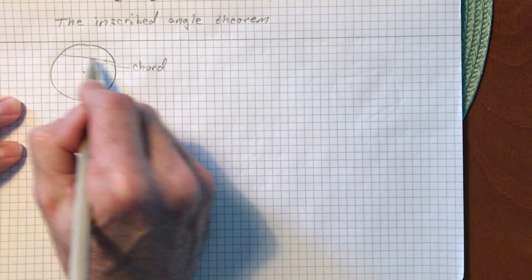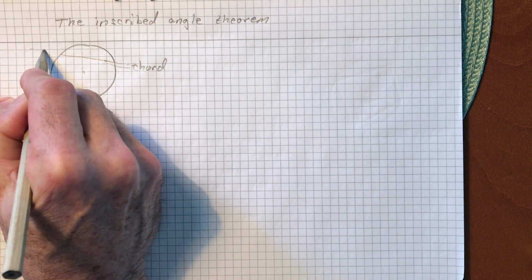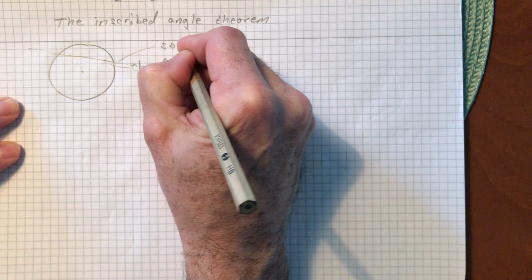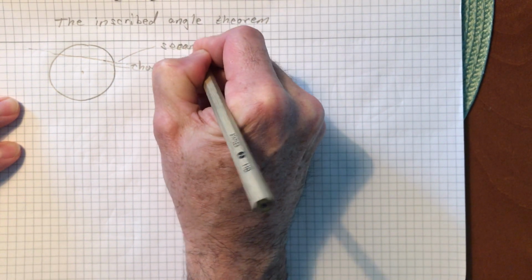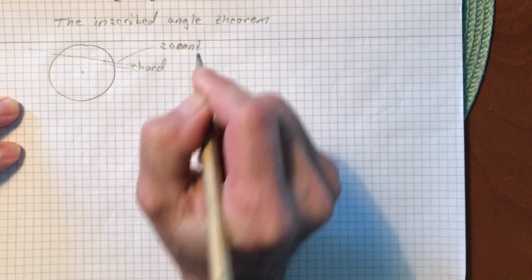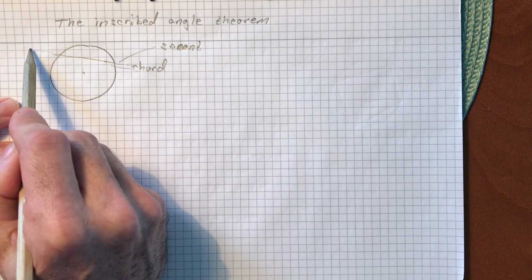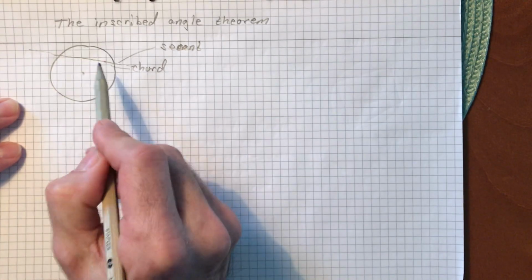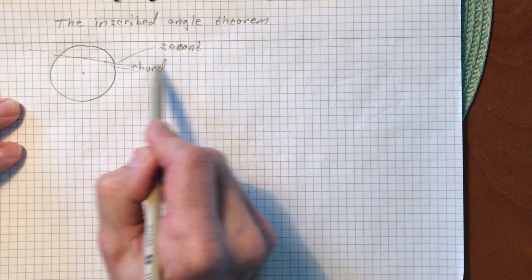If I draw a line that never ends, it continues and goes like this, then that line is called a secant. A secant is a line that intersects a curve in 2 points. If the line ends at this intersection, it's called a chord.